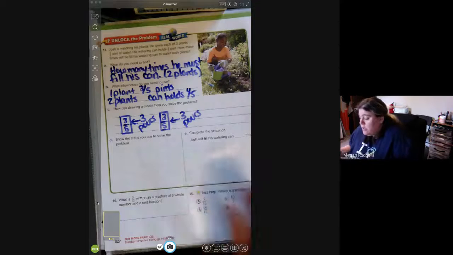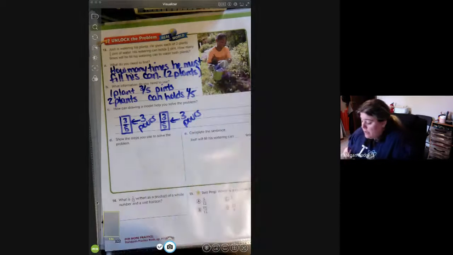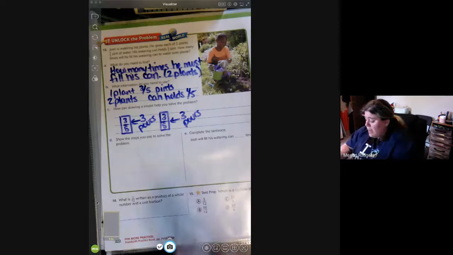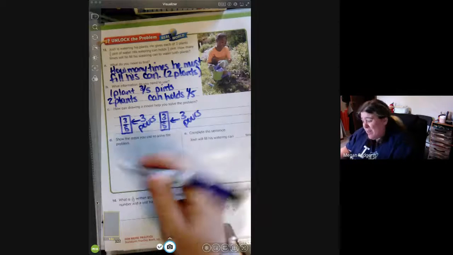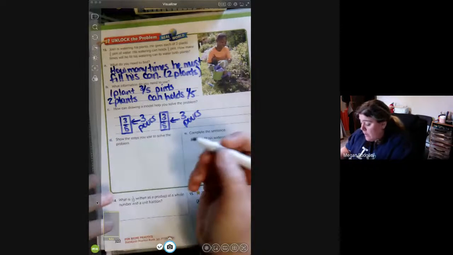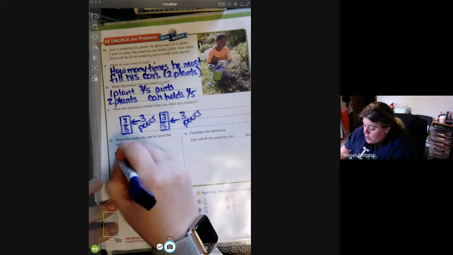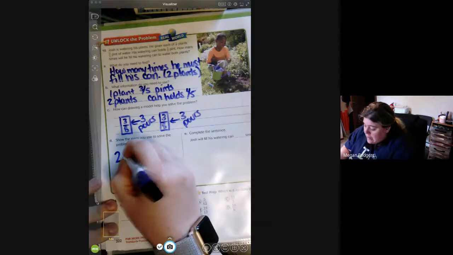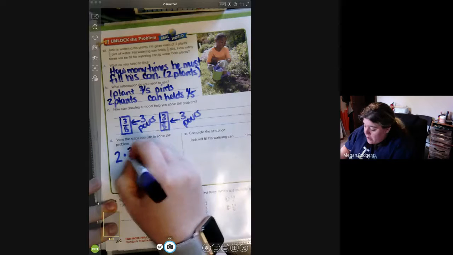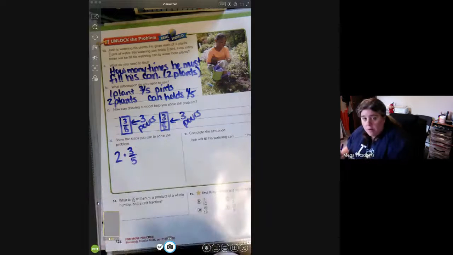All right, so it says show the steps. So one way is we could draw pictures. Another way would just be to do the math like we did on the previous page where we said, okay, I know that I have 2 plants that each need 3/5 of water.